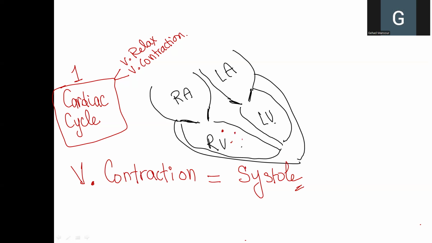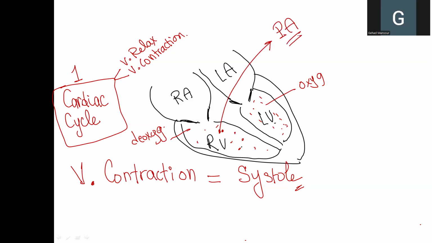Now that the ventricles, whether the right or the left, have been filled with blood, deoxygenated dull red blood on the right side or oxygenated blood on the left side, they are distended, and every ventricle wants to push its blood into the corresponding artery. The right ventricle wants to pump blood into the pulmonary artery, and the left ventricle wants to pump blood into the aorta.